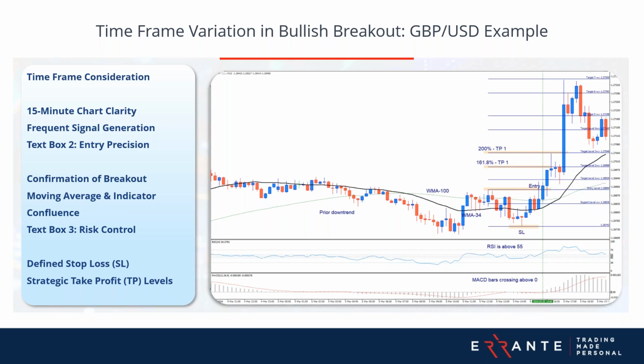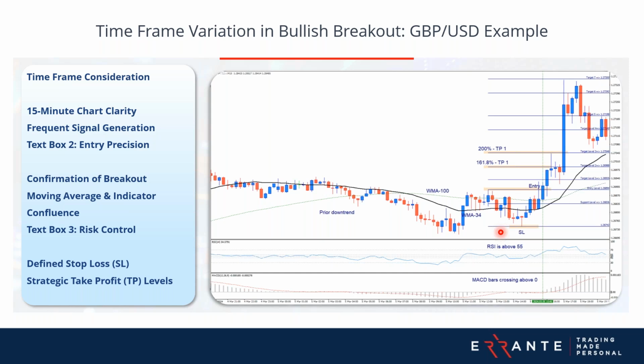Effective risk management is non-negotiable in the strategy. So the stop loss, as you see as SL, is positioned just below the most recent significant bottom before the breakout, thereby limiting potential losses if the market reverses.